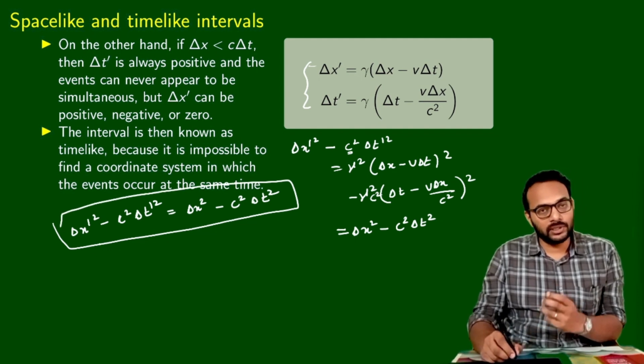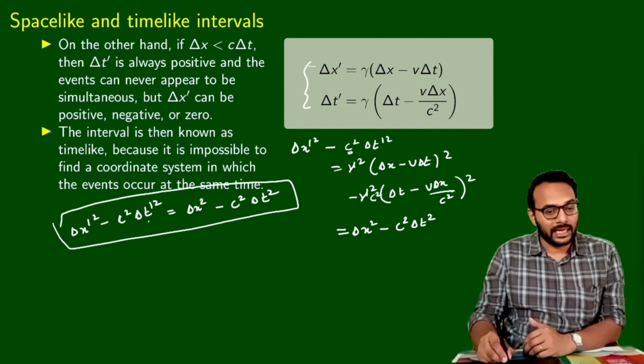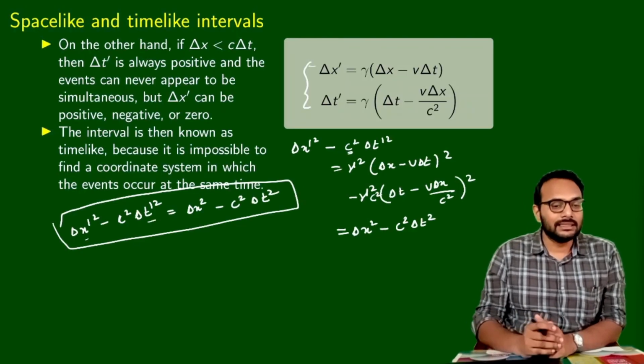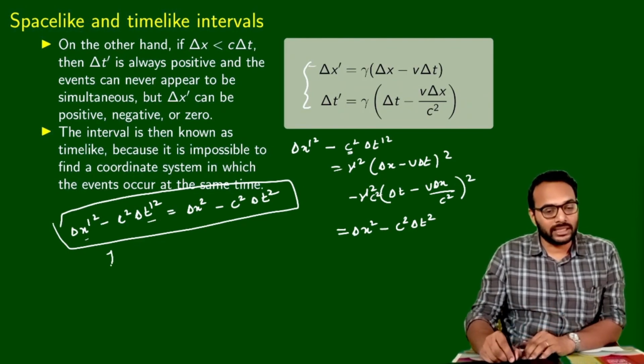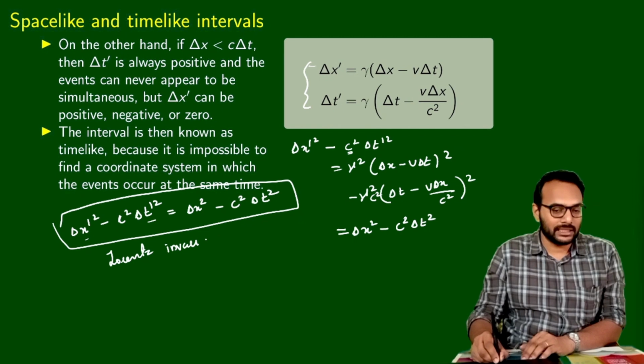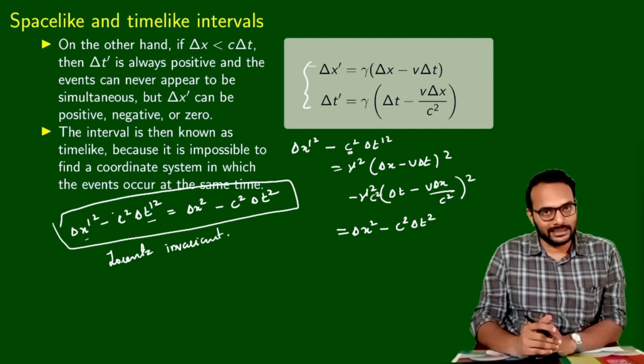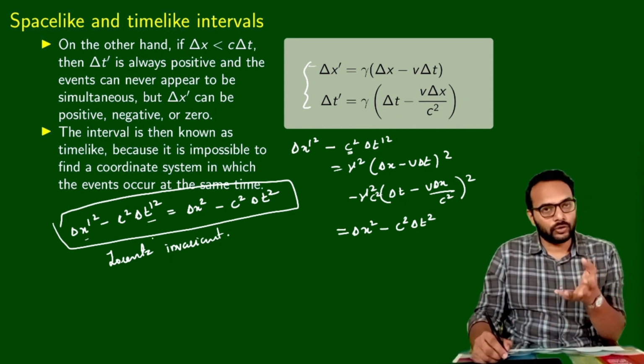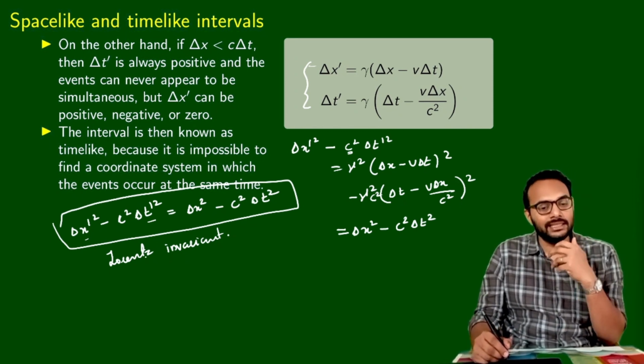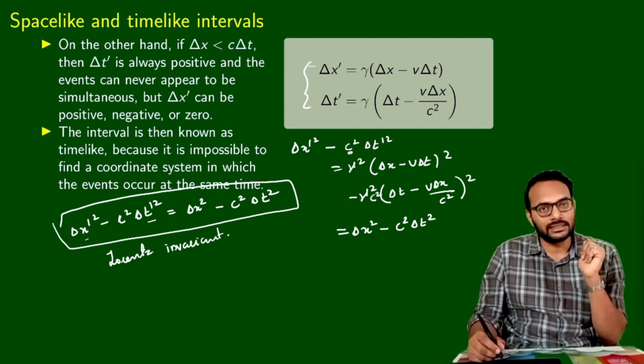This particular combination of spatial and time separations is a Lorentz invariant quantity. It does not change under a Lorentz transformation. We know that delta x and delta t change, but this particular combination of delta x and delta t does not change under Lorentz transformations.